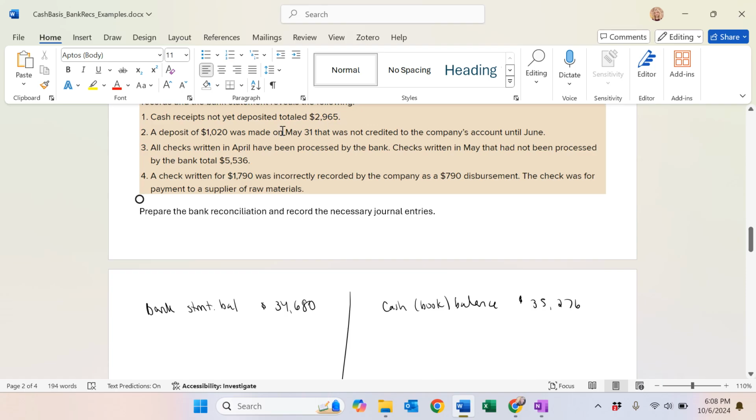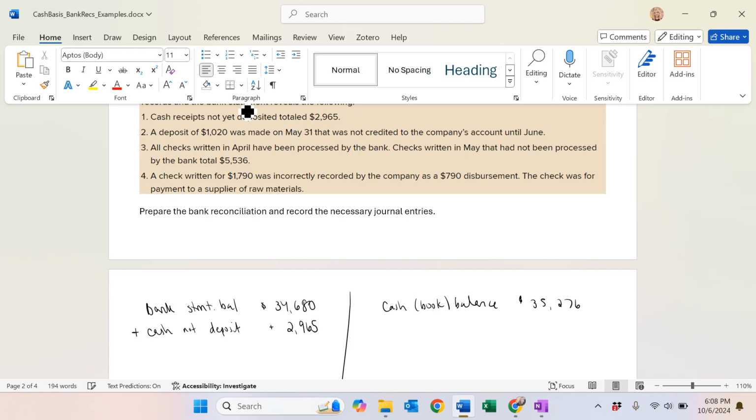The company, as soon as they receive the cash, records that journal entry. But it hasn't cleared the bank, so we need to add these cash receipts not cleared. Cash not yet deposited. We can consider this a deposit in transit because it will soon be deposited.